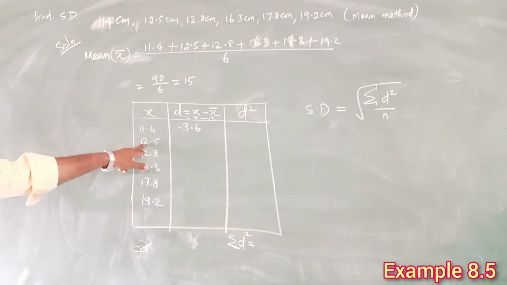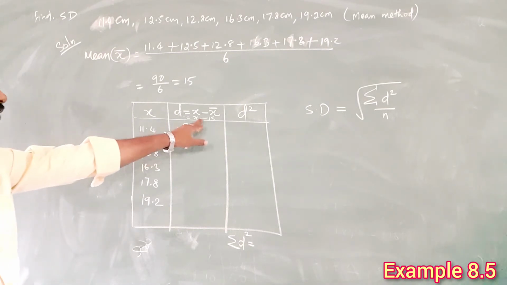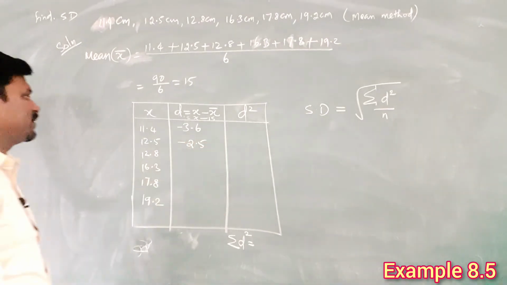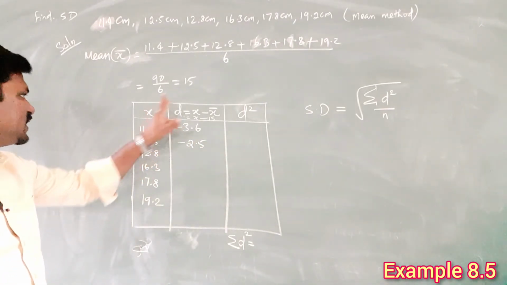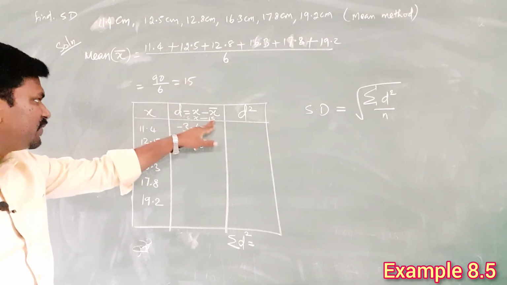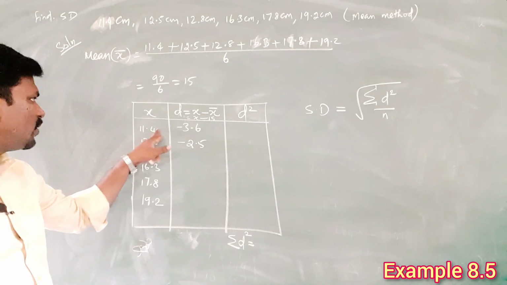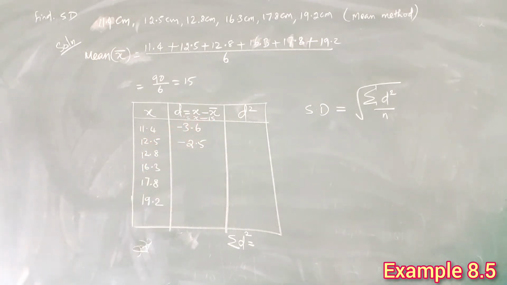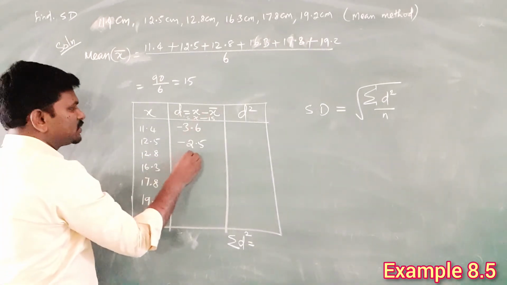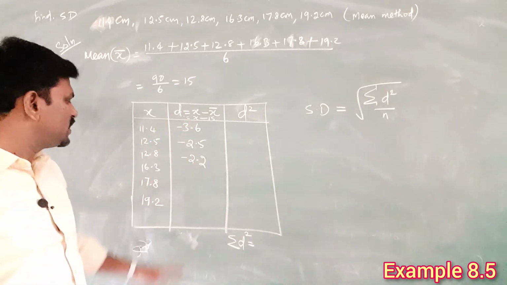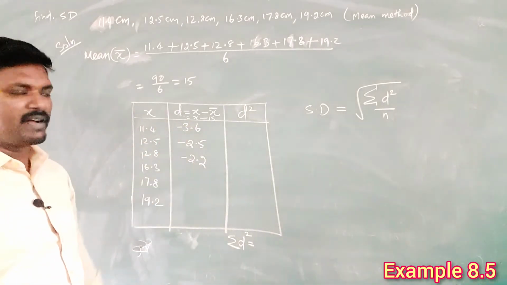Then 12.5 minus 15 is equal to minus 2.5. We subtract from x bar, which we have already found, that is the mean 15. So 11.4 minus 15 is minus 3.6, 12.5 minus 15 is minus 2.5, 12.8 minus 15 is minus 2.2. Similarly we have to find all the differences d.